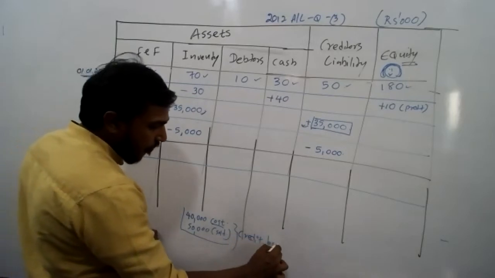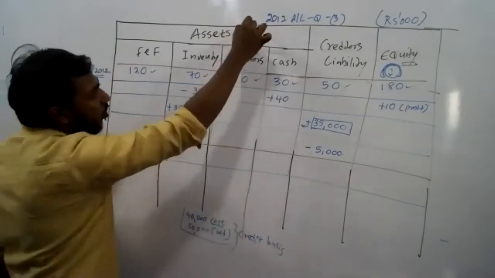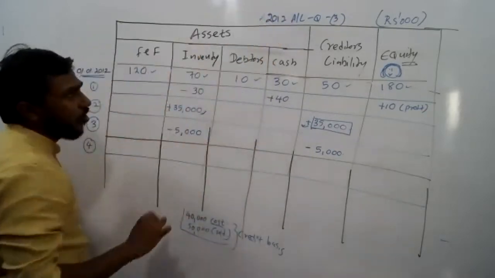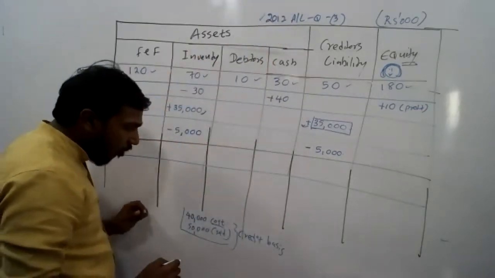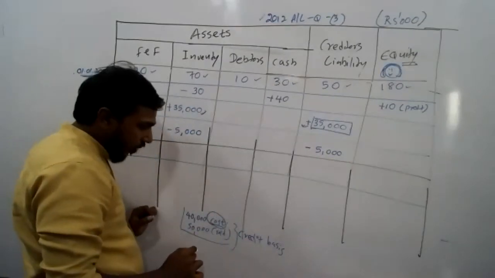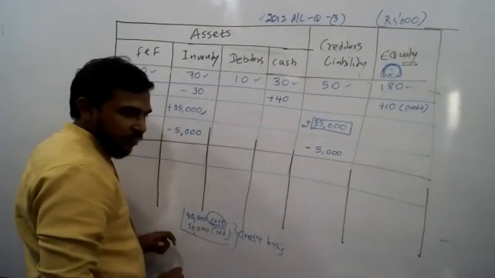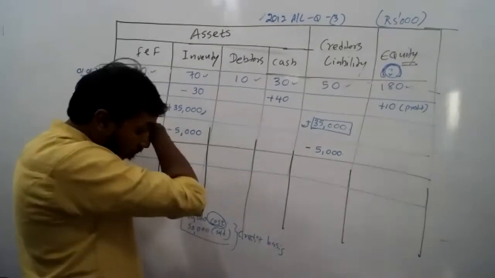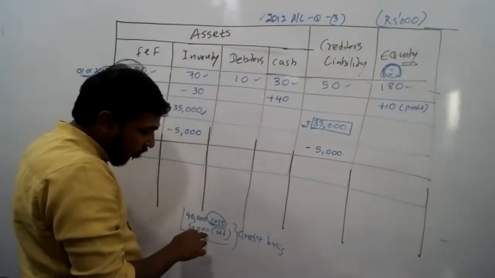Credit. So again I am repeating, we are doing 2012 A level question number 3. Now look here. Goods costing 40,000 were sold for 50,000. Clear?